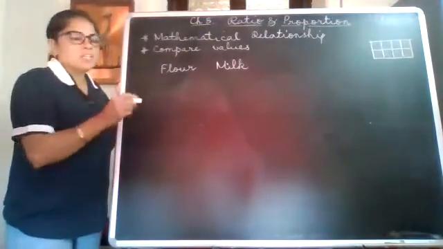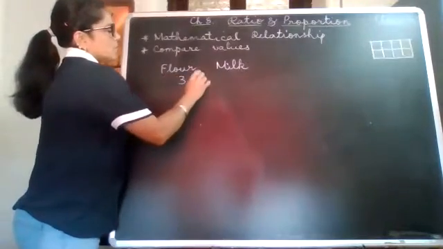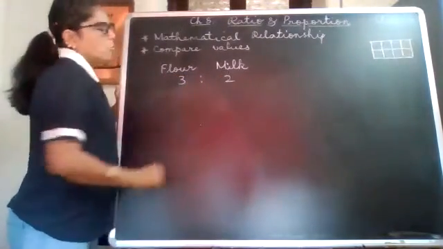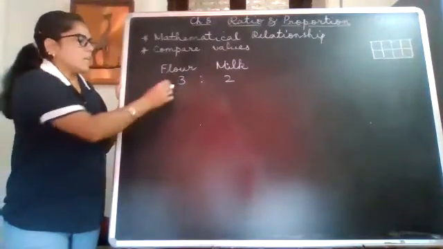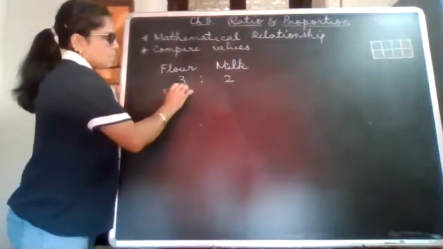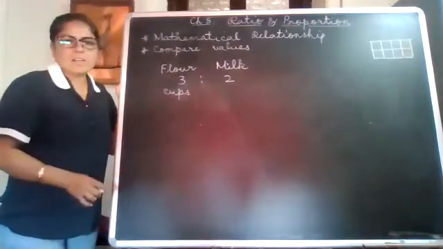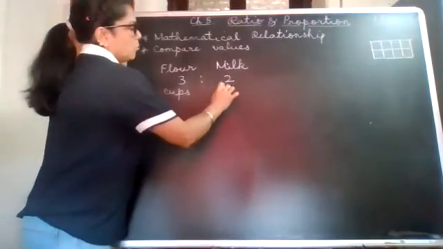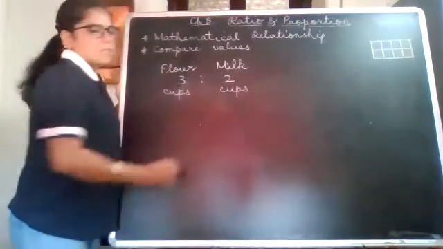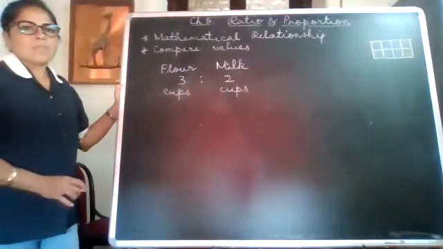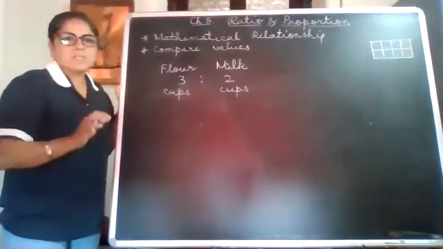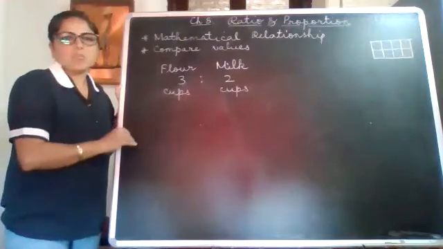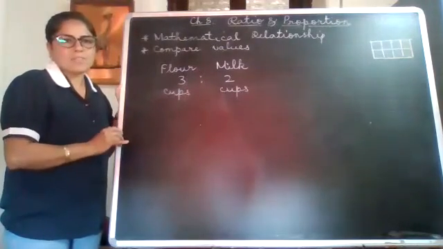If the ratio told to her is 3:2, it means if she has to take 3 cups of flour, she'll have to take 2 cups of milk. So one of the places where ratio is used is cooking in everyday life.